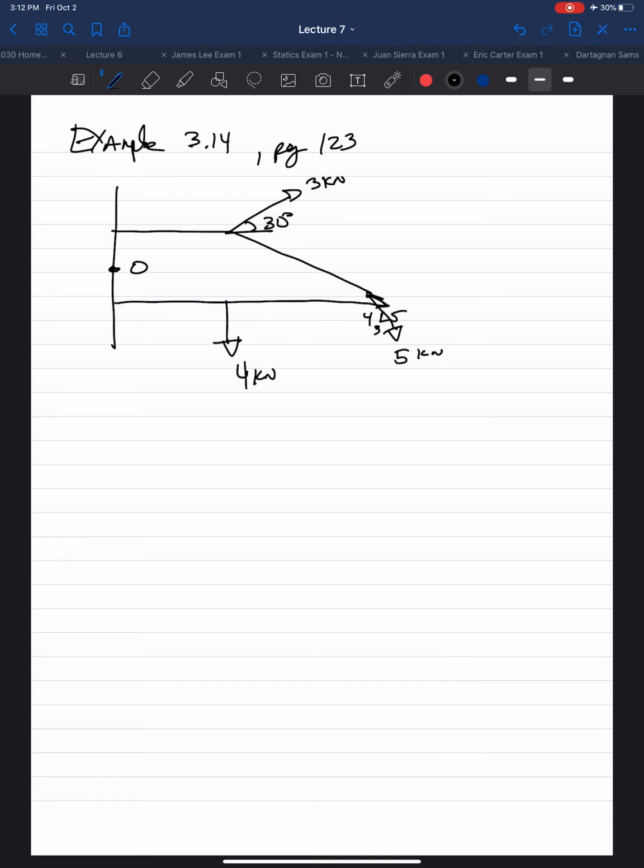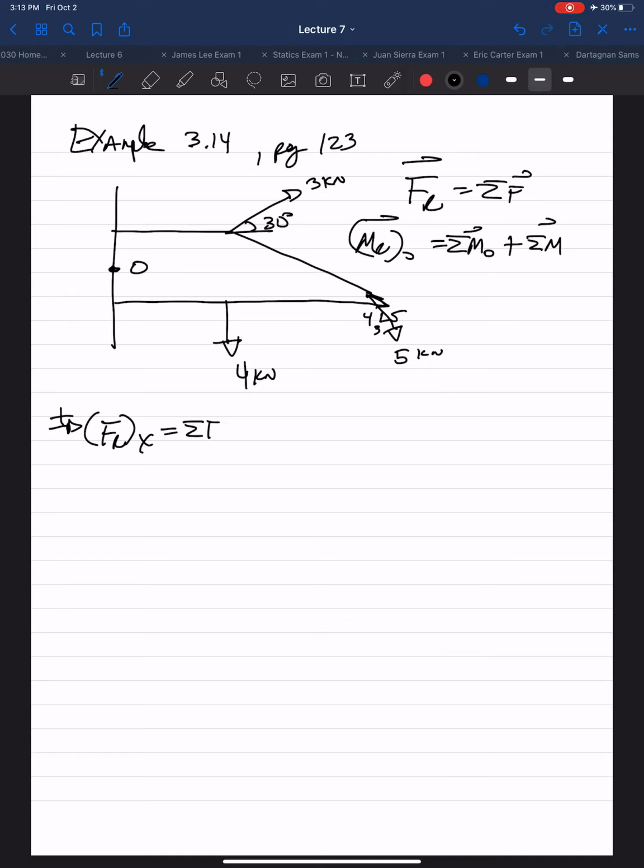Okay, so we said that we can replace with a resultant force, which is the sum of all my forces, and a resultant moment about point O, which is the sum of all the moments caused by forces in the system about point O, plus the sum of all given couple moments. So starting with the forces, the sum of forces in the x direction gives me the resultant force in the x direction.